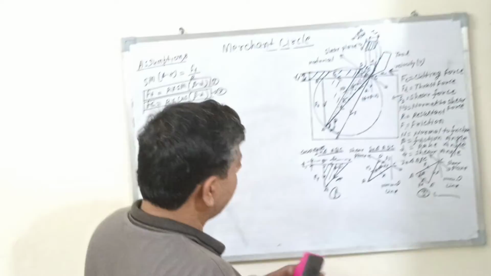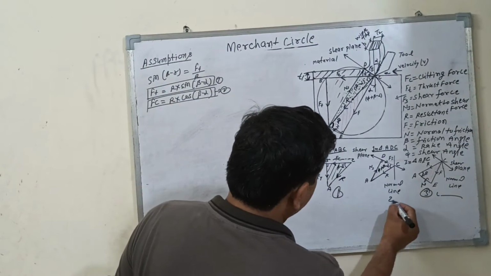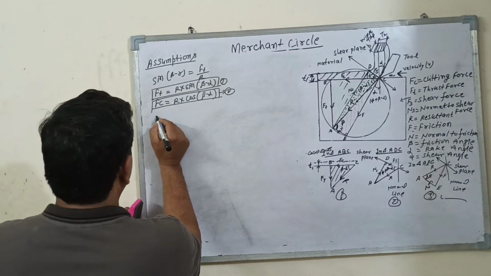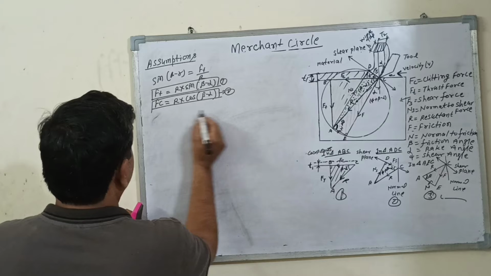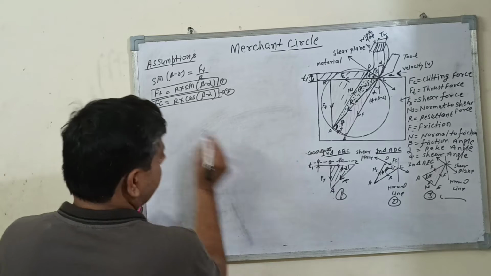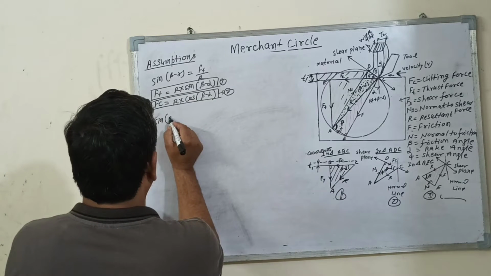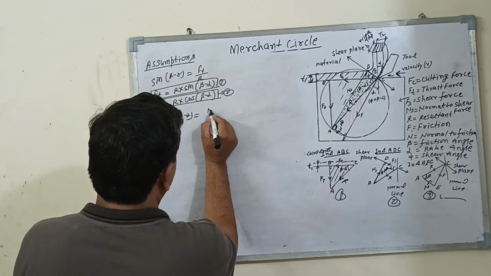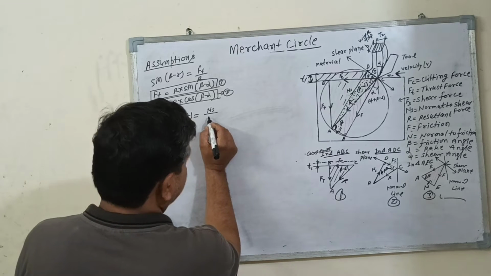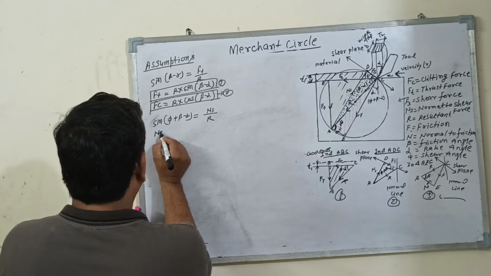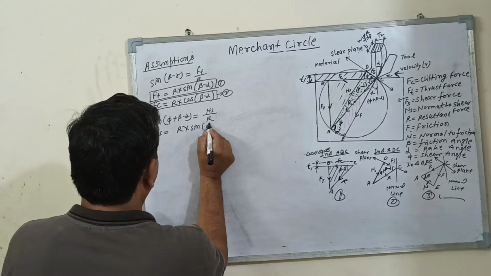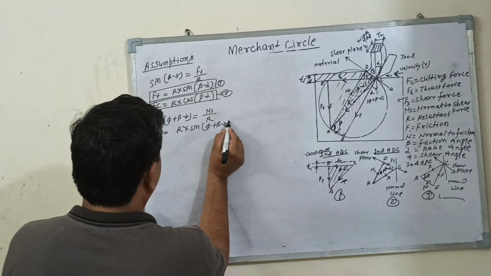From the figure, you can calculate Ns. Sin(phi plus B minus alpha) is equal to Ns upon R. So Ns is equal to R sin(phi plus B minus alpha).